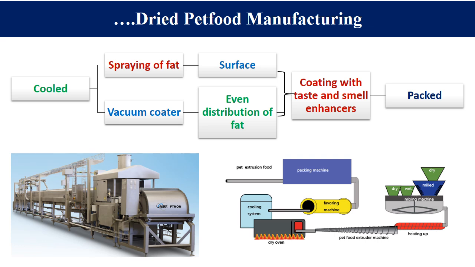So these are the total steps for the manufacturing of dried pet foods by the extrusion method. In the bottom left side we can see a continuous processing machine or line, and in the right side we can see the brief diagram for this process: the dry ingredients, then heating, then extrusion, then drying, and then flavoring, cooling, and packaging, which we are going to see again in detail.